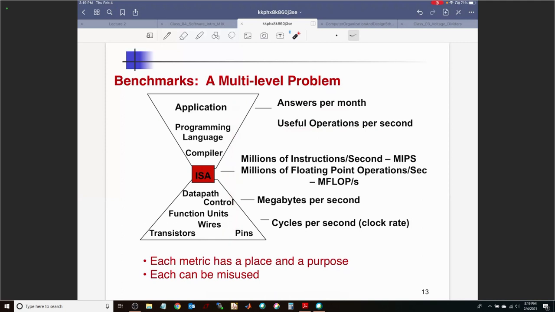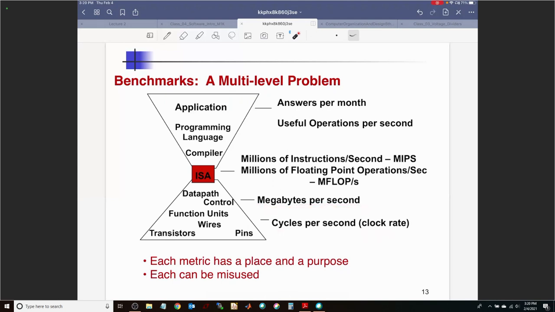For example, if you go down to the instruction set architecture, then you are going to be talking about how high the MIPS is, million instructions per second, or how high the millions of floating point operations per second are. That's instructions, that is floating point operations. And if you go further down, then you are looking at megabytes per second, cycles per second, or clock rate.